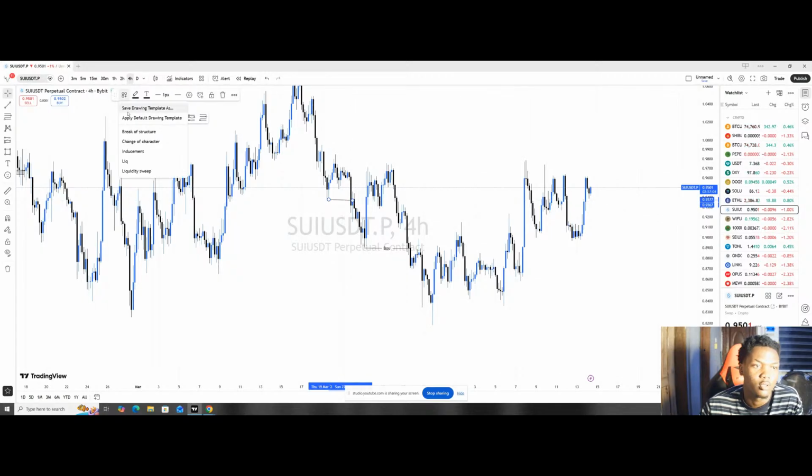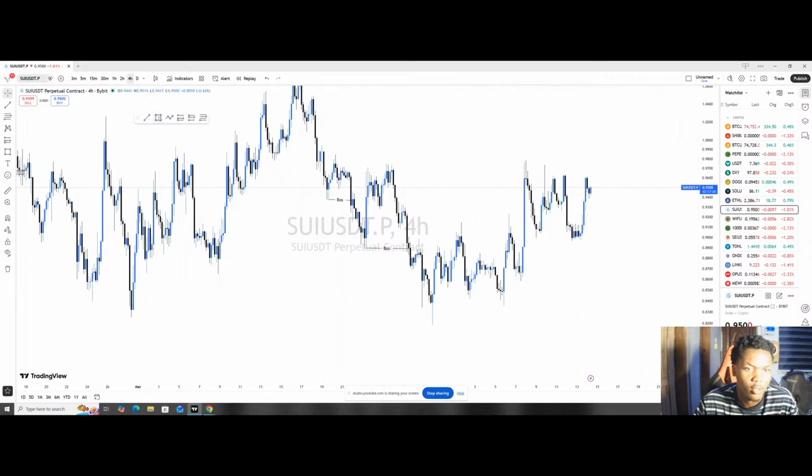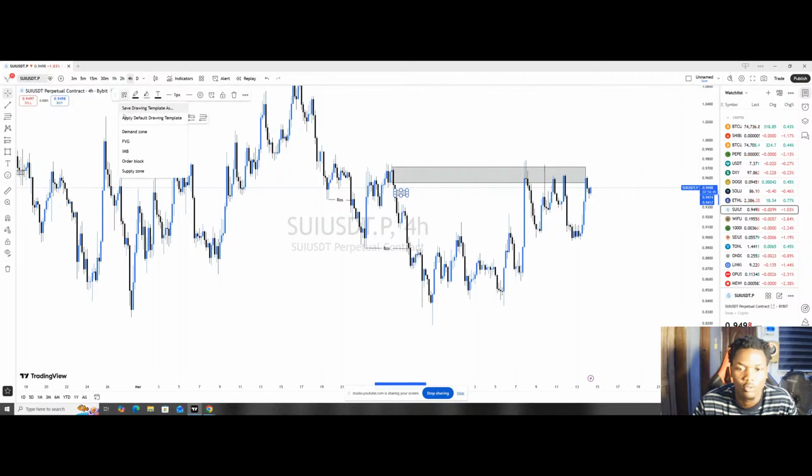So we have this break of structure. Now price is reacting from this, and we have our fair value gap. We have our fair value gap here also.